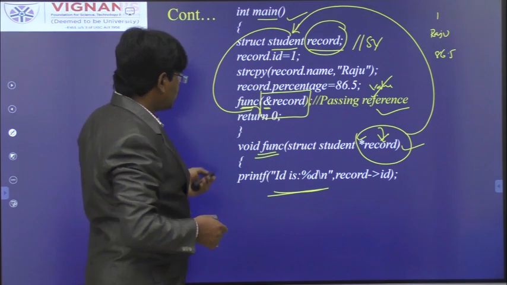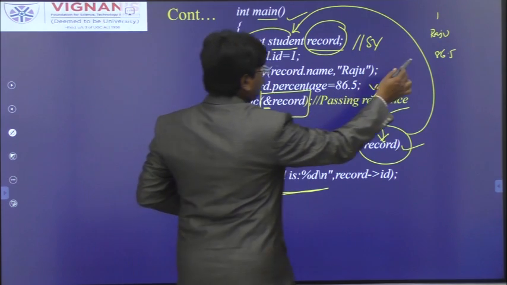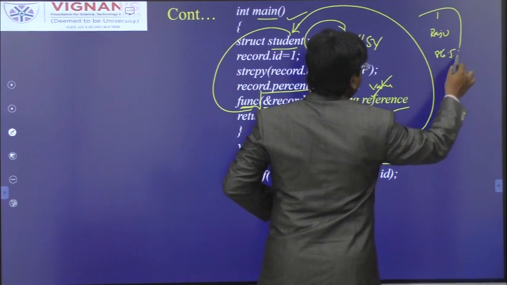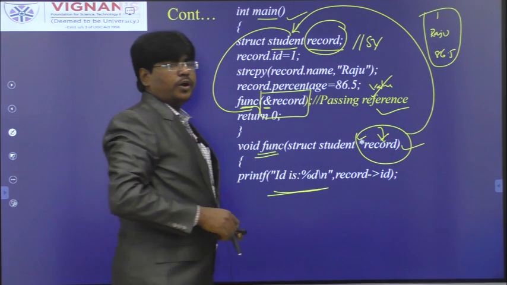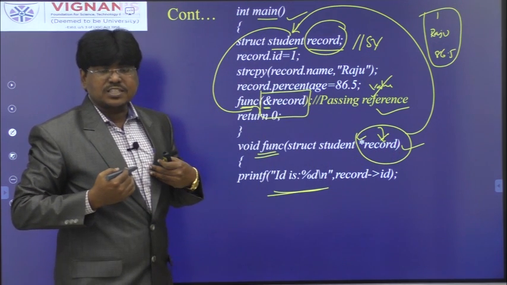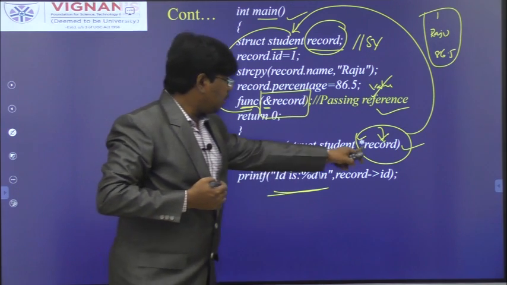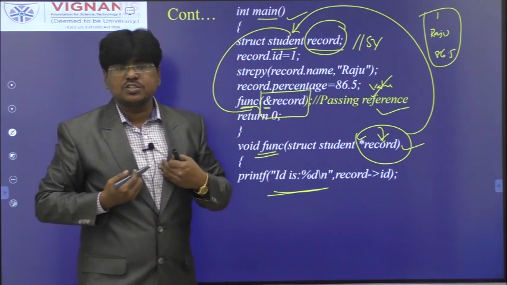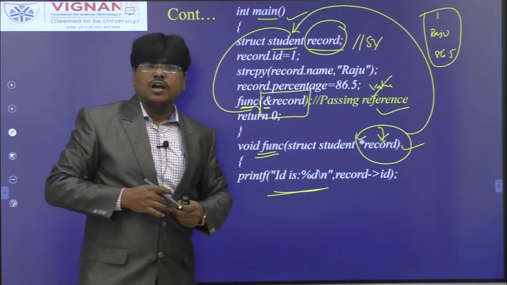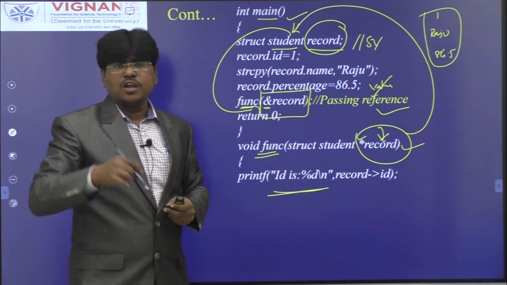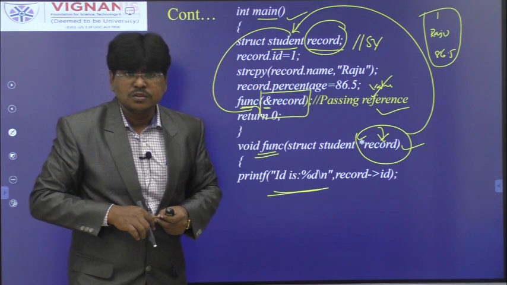After storing the values, I am going to display the structure variable values using a pointer. I want to display the structure members' values through the pointer, meaning I am going to access the members of the structure through the pointer. If you want to access members of the structure through a pointer, which operator do you have to use?